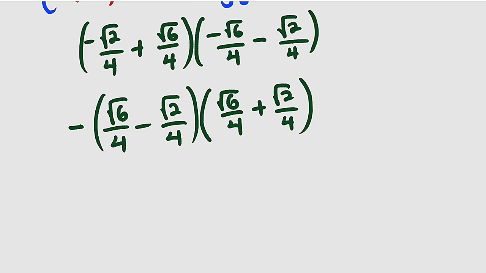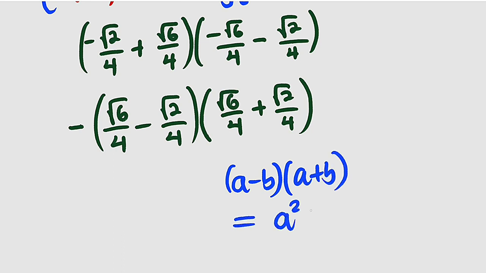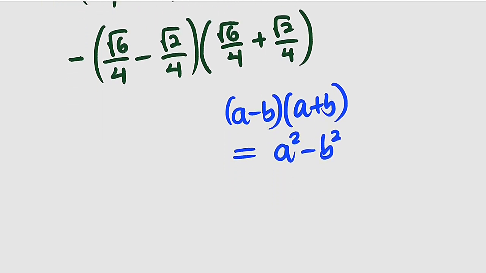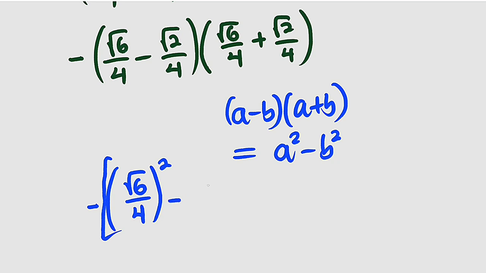If you have a minus b multiplied by a plus b, remember that this is the same thing as a squared minus b squared. This is exactly what I mean. So I have the negative, which is our constant. We have root 6 divided by 4 whole squared, then minus root 2 divided by 4 also squared.